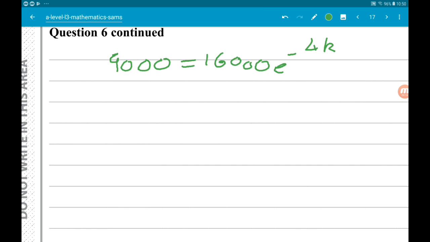Now, if we divide by 16,000, we get 9 over 16 is equal to e to the minus 4k.